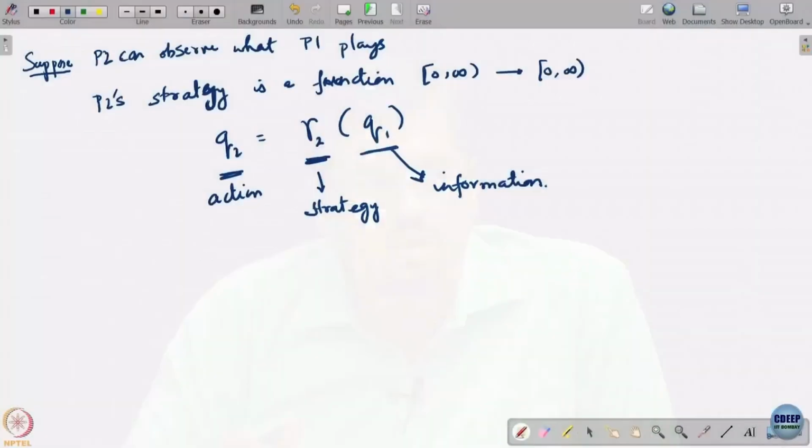But the point is that now that P2 knows Q1, it makes sense that he tunes the quantity that he takes based on what Q1 is, and you have to allow for him to have that flexibility. So, his strategy is a function that maps Q1 to Q2, right.